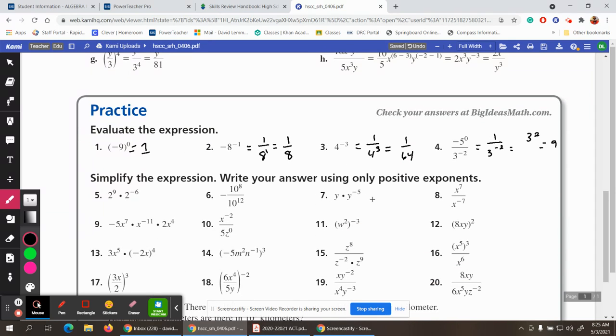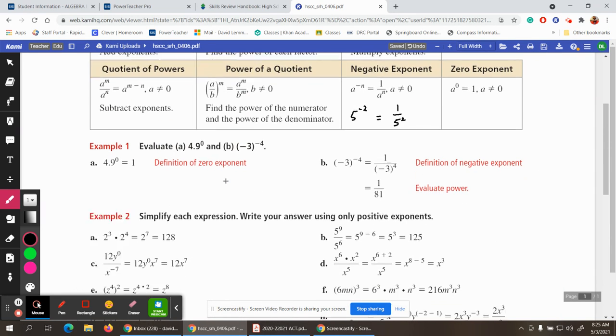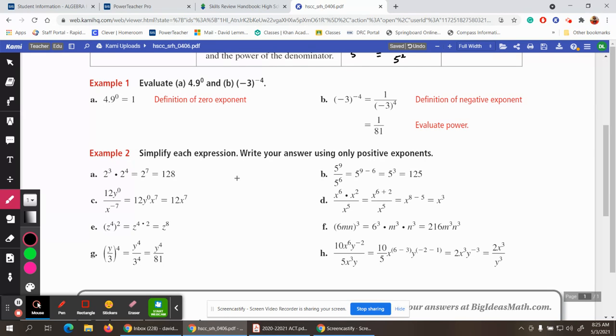All right, so when you multiply like bases, that's what it says up here, the product of powers. When you multiply like bases, you add the exponents, right? So that's 3 plus 4, which is 7. 2 to the 7 is 128, okay?